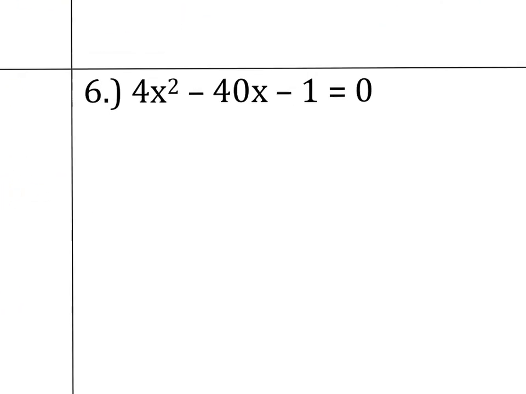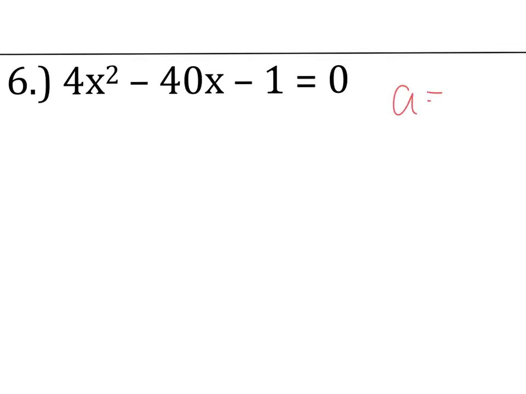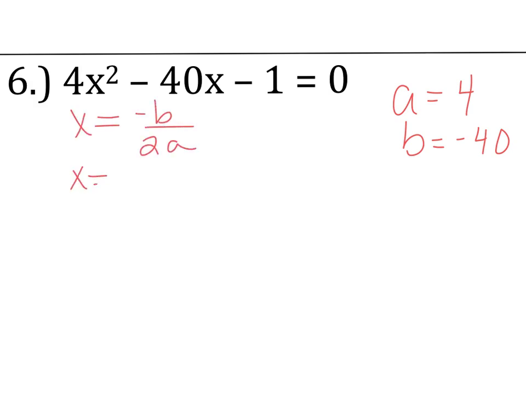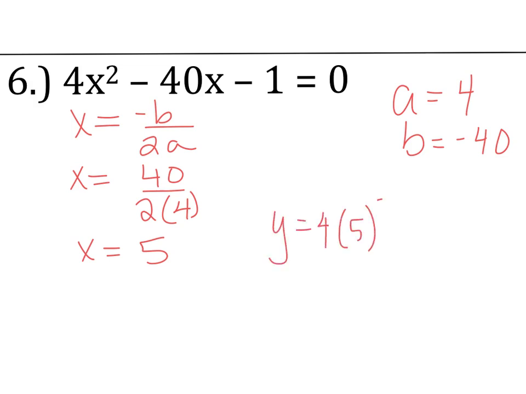We got one more, right? Okay, a is 4, b is -40, so plug it in, -b over 2a. It's going to say 40 over 2 times 4. So 40 divided by 8 is 5. All right, we're going to plug in 5 into 4x squared minus 40x minus 1.